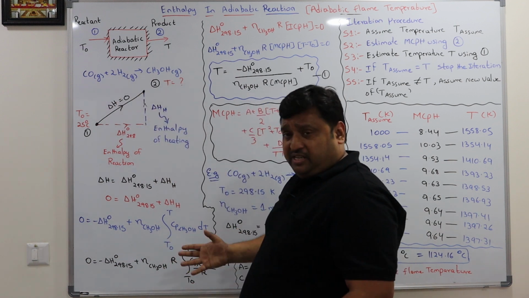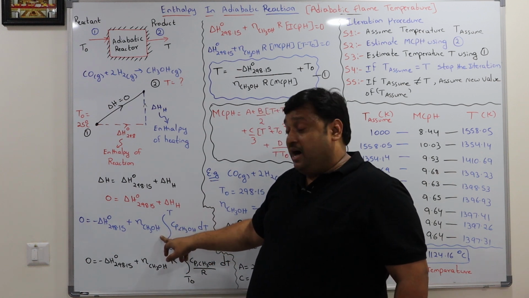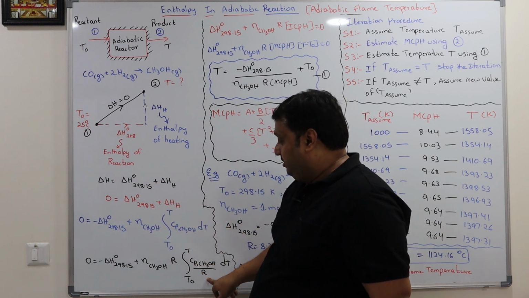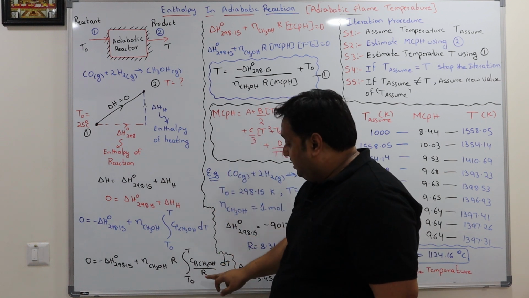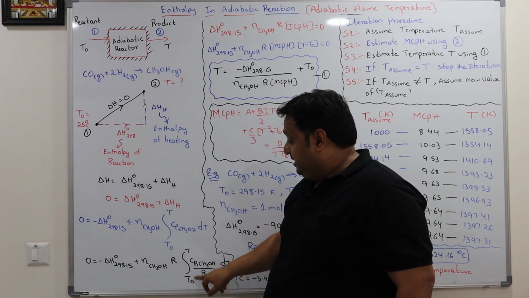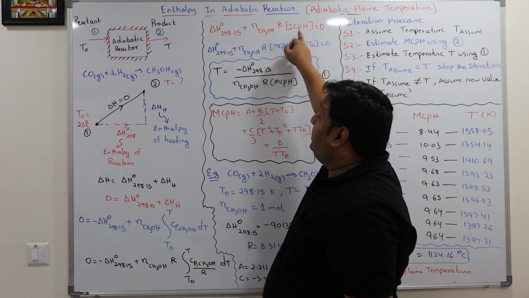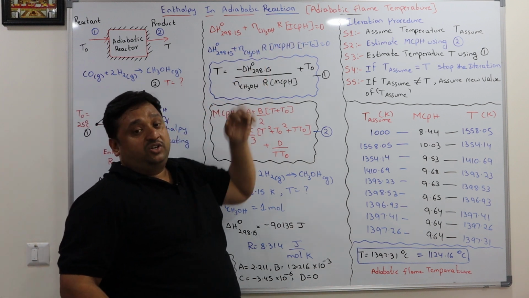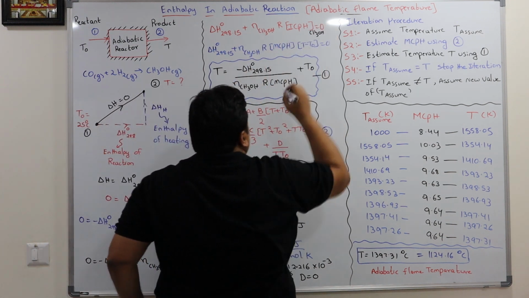As it's a regular process, multiply and divide by R in this expression, and bring one R inside the expression. That is what has happened. And if you follow my previous lectures, this particular term, the integral of Cp by R from T0 to T, is nothing but ICPH of CH3OH.